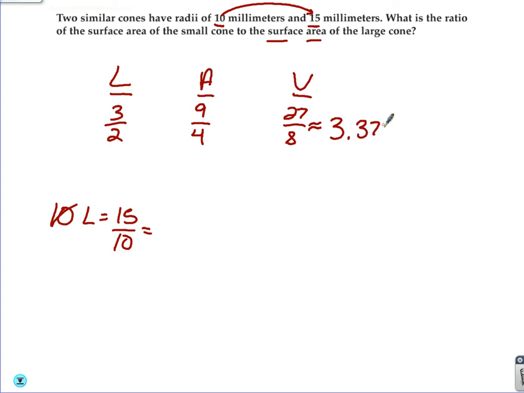I think that's 3.375. This is 2 1/4. This is 1.5. And if you did 1.5 to the second power, 1.5 to the third power, what that means is your volume is going to be a little over 3 times bigger. Your area is going to be a little over twice as big if you took the area of the base or something. And your linear measurement is 1.5 times as big.